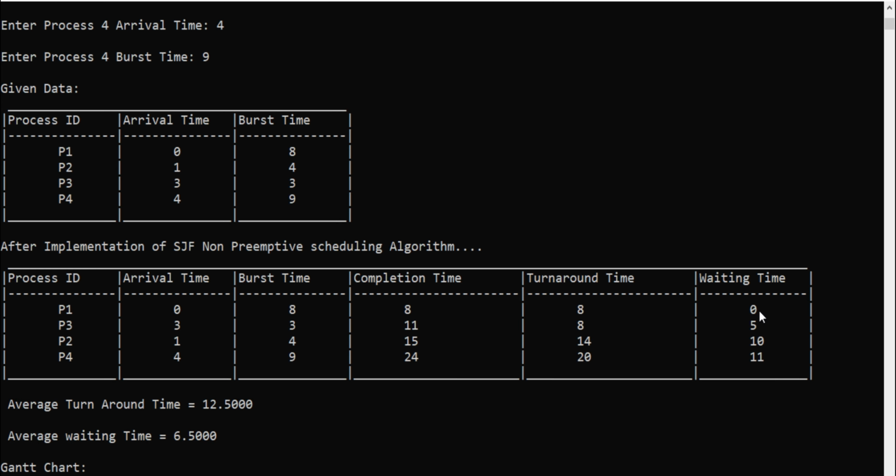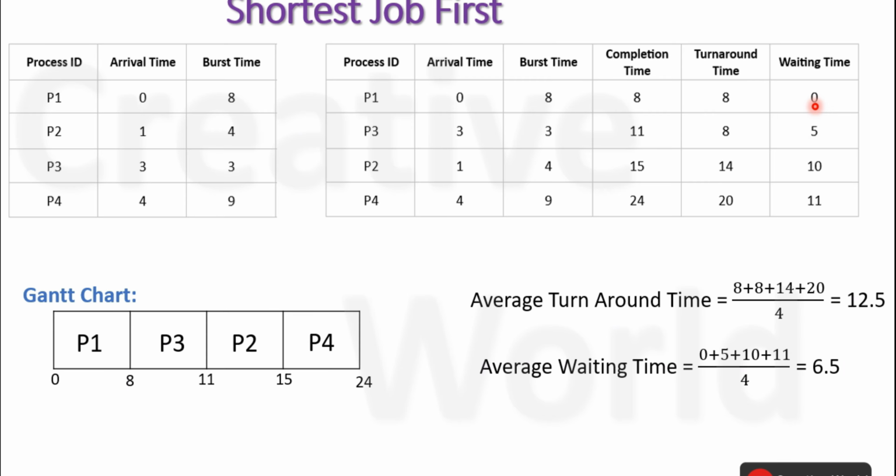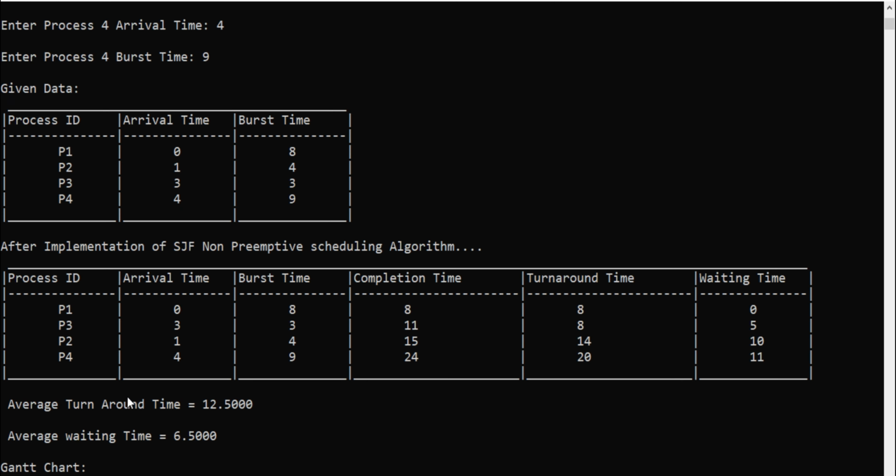Similarly, waiting time is 0, 5, 10, 11. Average turnaround time is 12.5 and average waiting time is 6.5.